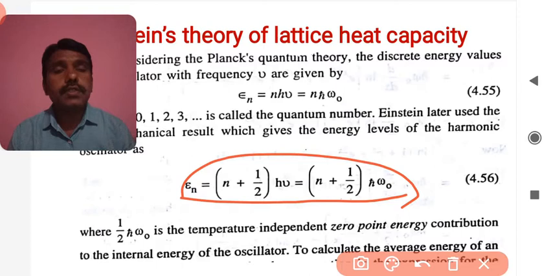For solids, we consider the specific heat at constant volume.